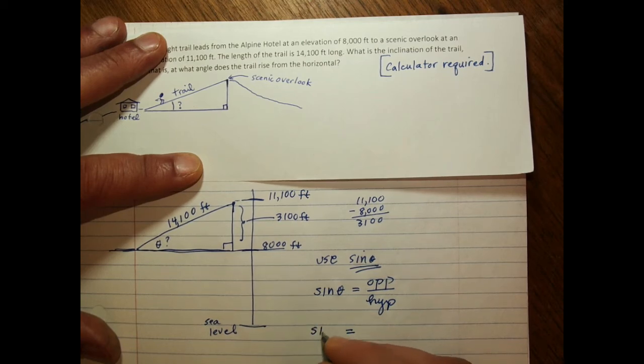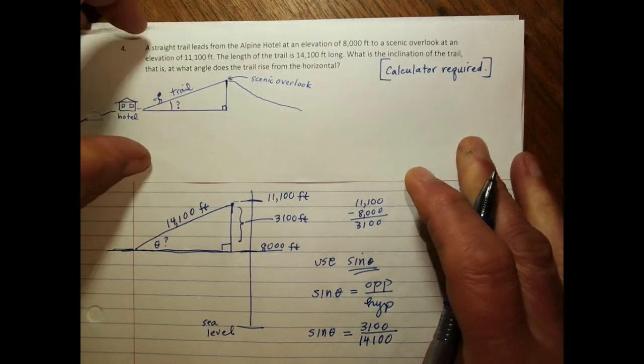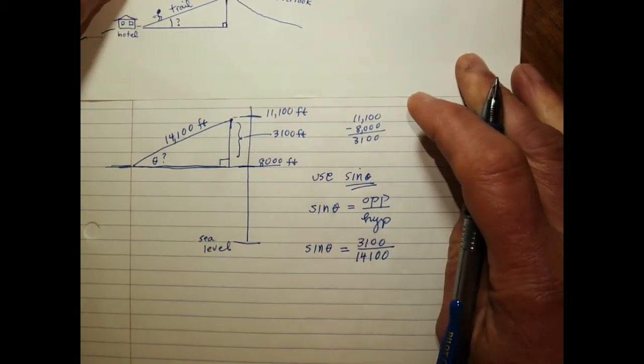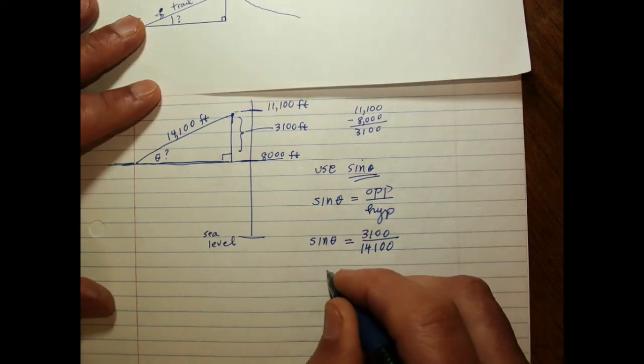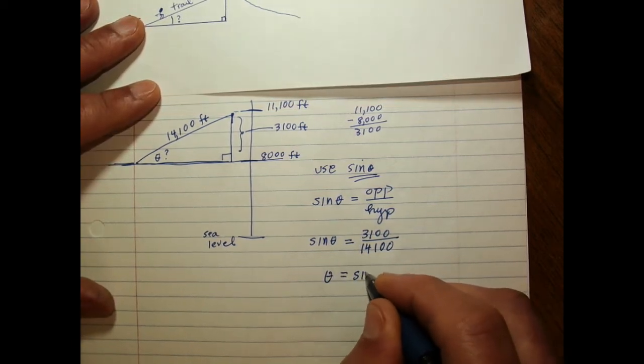Sine of theta is 3,100 feet over 14,100 feet. Okay, so not too bad. And the idea here is, to find theta, we can use the inverse sine.